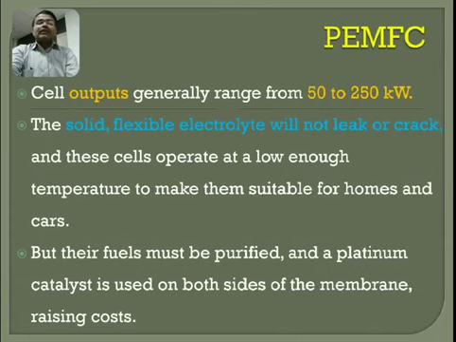These cells operate even at low temperature, and that's why they are suitable for homes and vehicles also. But the fuel needs to be purified in this case, because any fuel used in this type of fuel cell must be purified. And as in the previous case, the platinum catalyst needs to be used here also, so it increases the cost.